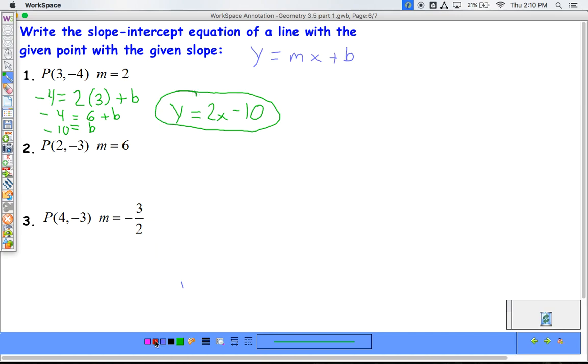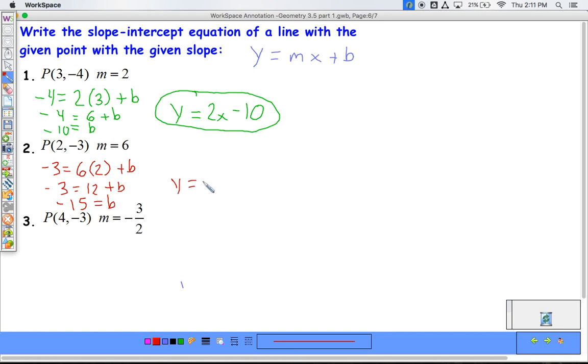All right, next, here again, it's using that same formula. So y equals, we'd have -3 equals 6 times 2 plus b. So -3 is going to equal 12 plus b. Subtract the 12, and we're going to get -15 for our b.